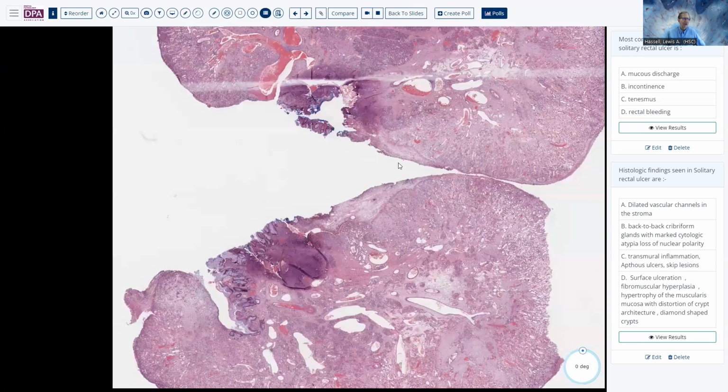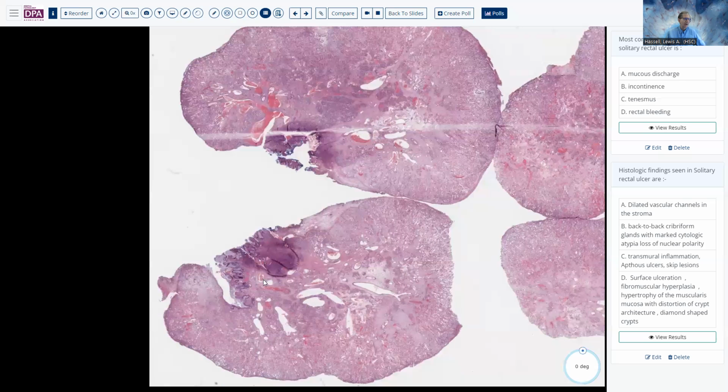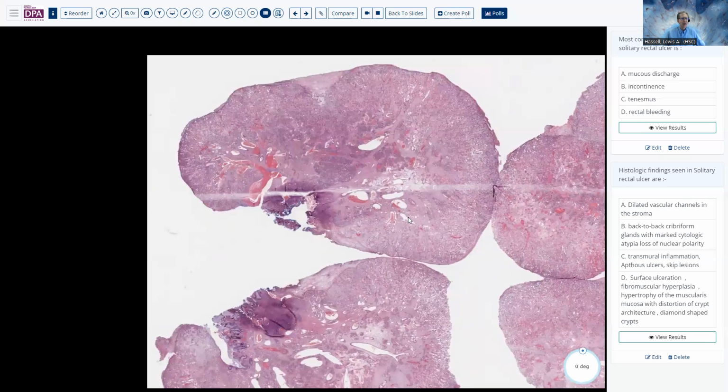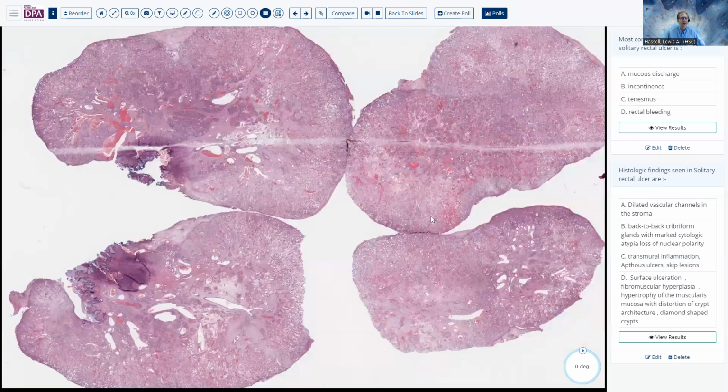So this is characteristic of a granulation tissue ulcerated area, and when taken from the rectum or distal sigmoid is characteristic of the rectosigmoid prolapse syndromes or solitary rectal ulcer syndrome.